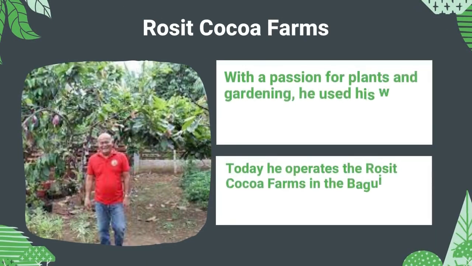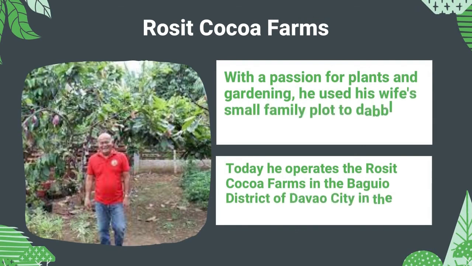With passion for plants and gardening, he used his wife's small family plot to dabble in farming. Today, he operates the Rosit Cocoa Farms in Baguio District of Davao in southern Philippines. Mr. Rosit now earns 50 times his postman's salary and has paid for all of his children's education.